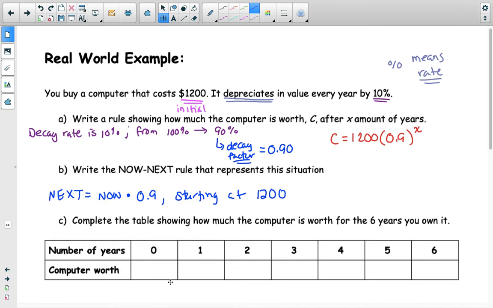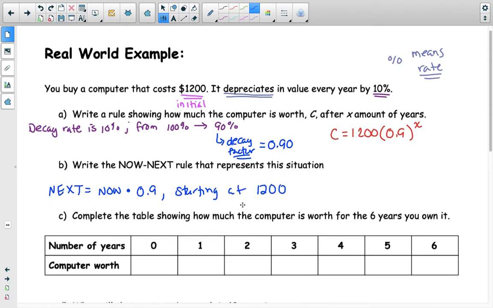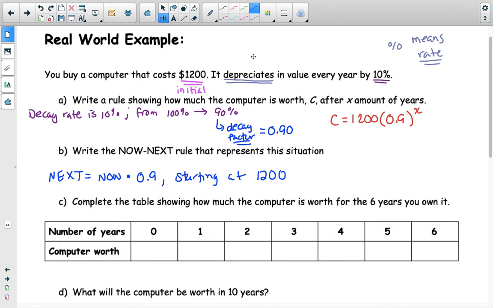So if we want to complete the table to show what it's worth for the 6 years you own it, we want to use this next equals now to be able to fill out the table. So the first value that it cost was $1,200 because that's how much we had to pay for it. Now, how much is it worth after that?